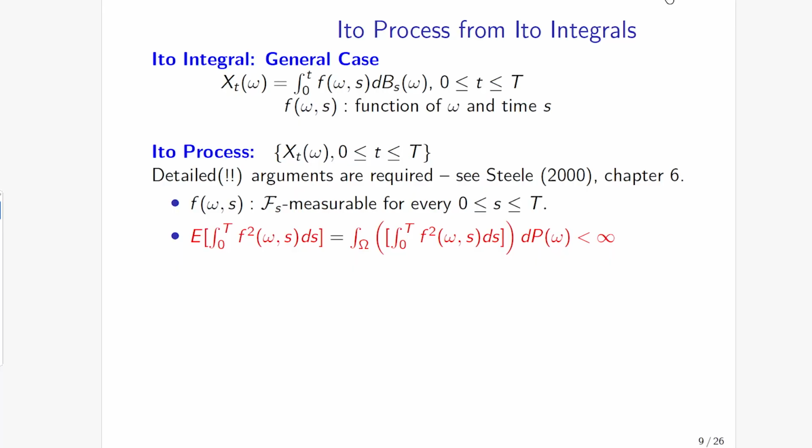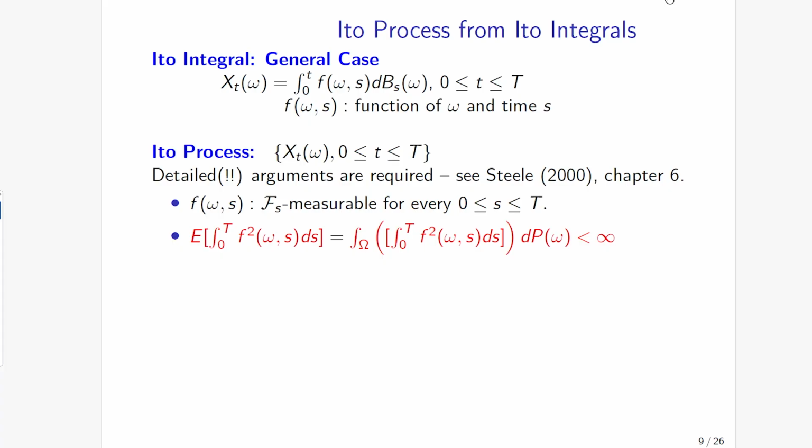So what do we need? We need that the function little f needs to be measurable, script fs, the information set up to time s measurable for every time s. And we want the integral of the squared f over time, where for each fixed omega, we can integrate the square of f and then take the expectation of that.